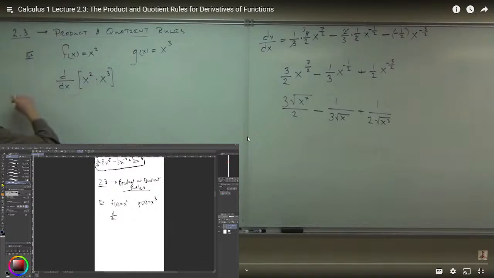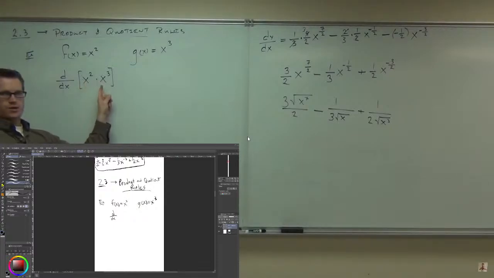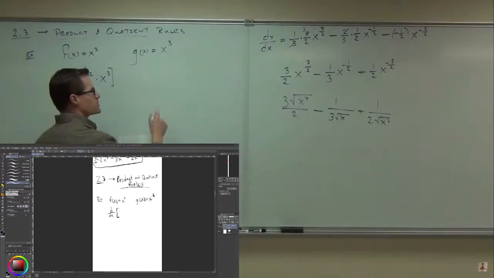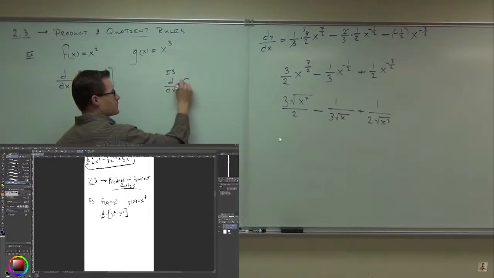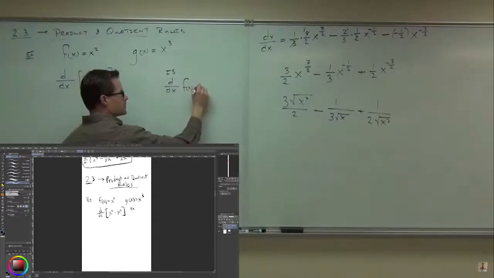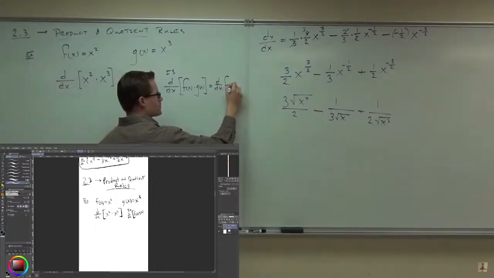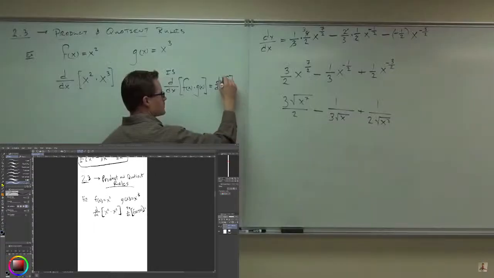Notice how this is f of x and this is g of x, right? The question is this: is this equal to this? I want you to really write that down and contemplate it.